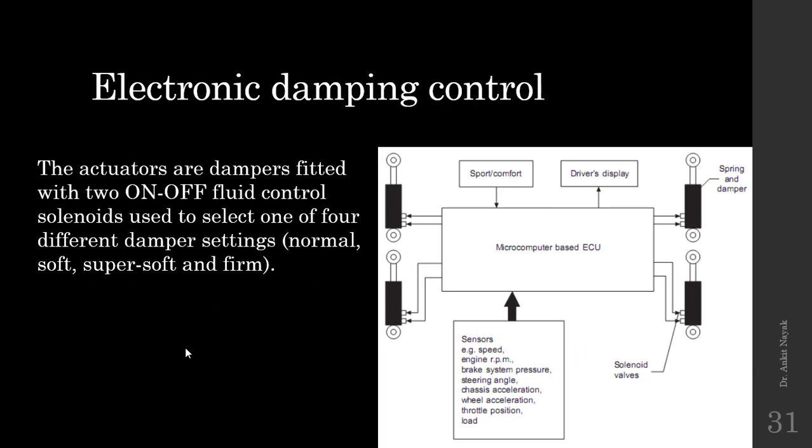Now come to the next thing, which is the electronic damping control system. In this electronic damping control, the actuators are dampers fitted with two on-off fluid control solenoids used to select one of four different damper settings: normal, soft, super soft, and firm.